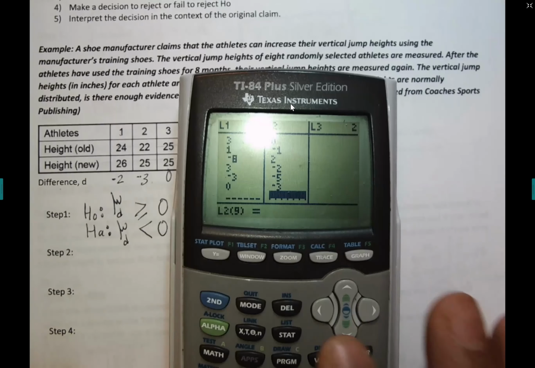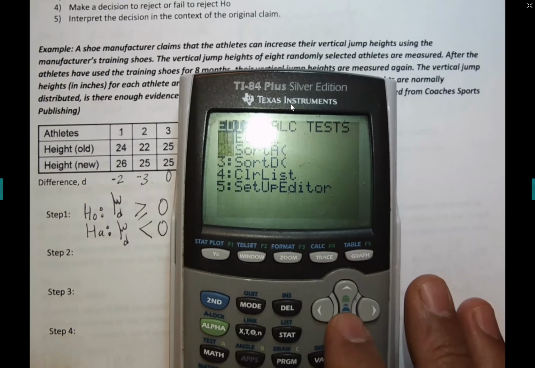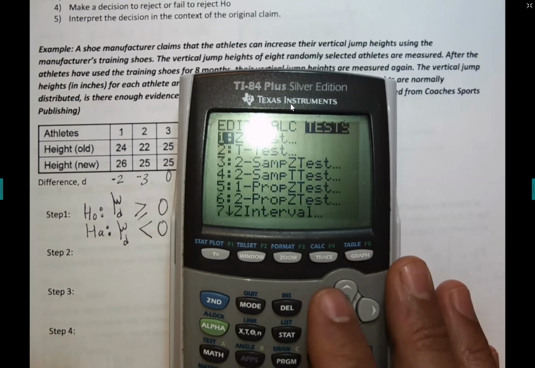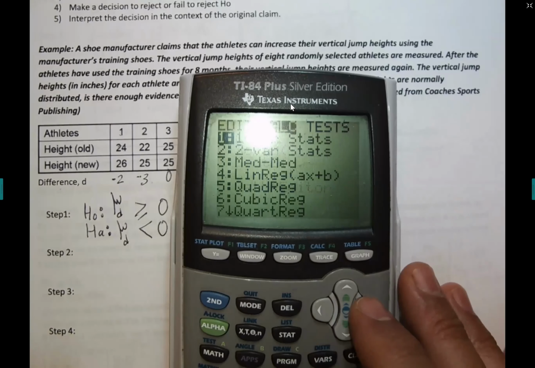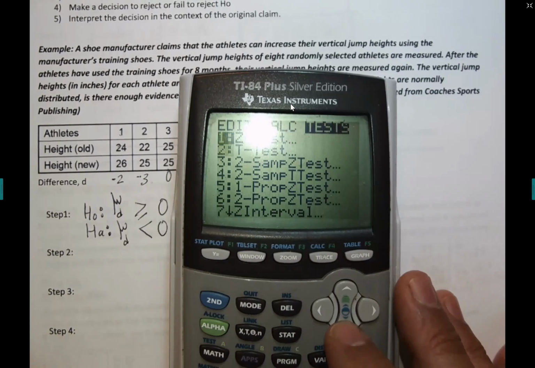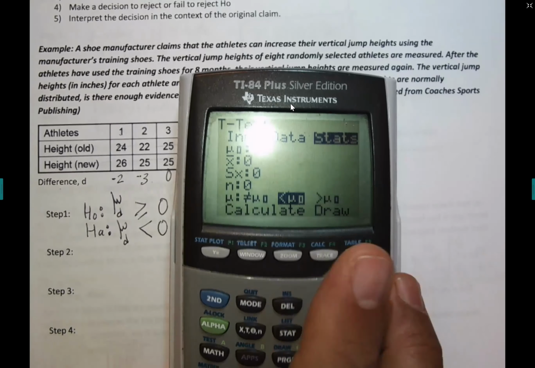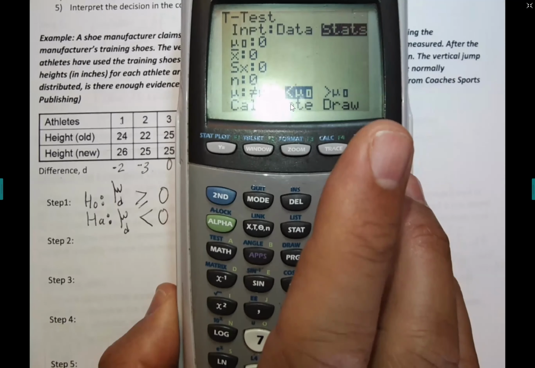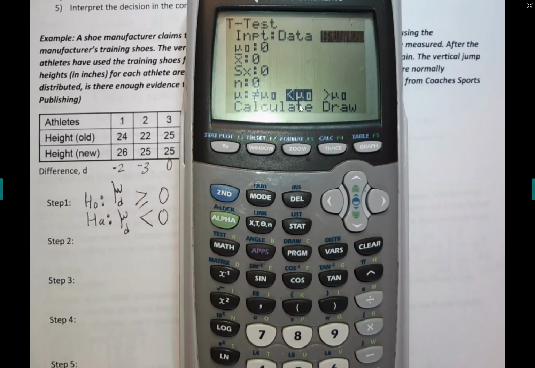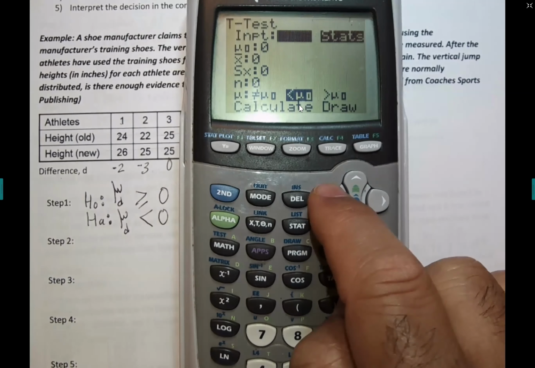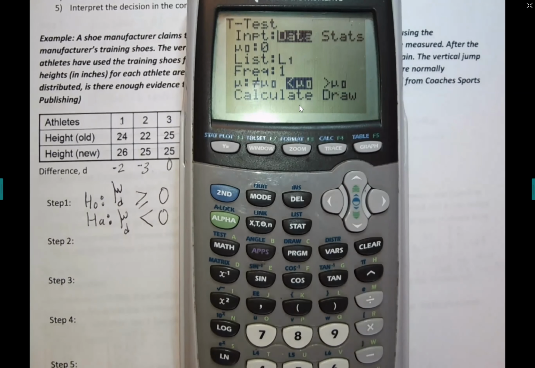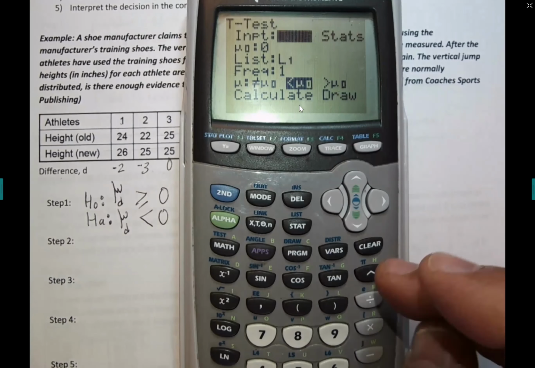So you go to Stat. It's a t-test. For section 8.3, guys, it is a t-test, just testing one mean, which is the difference. Your input should always be data.